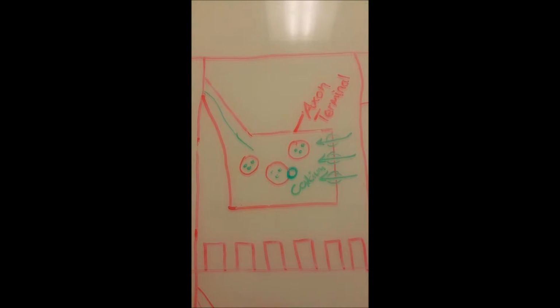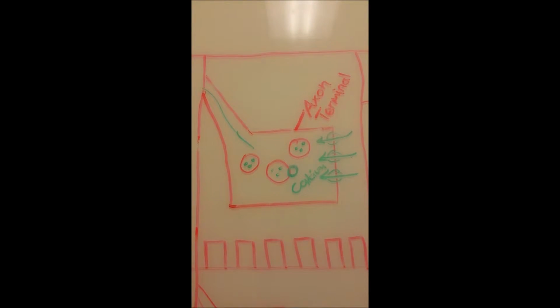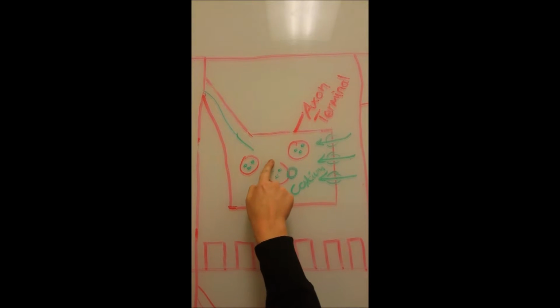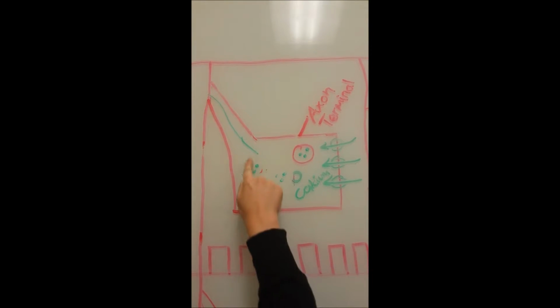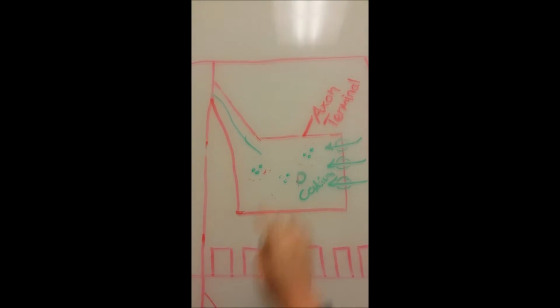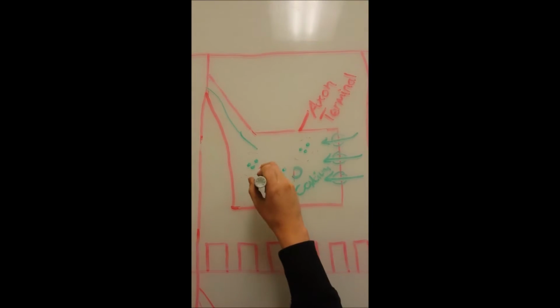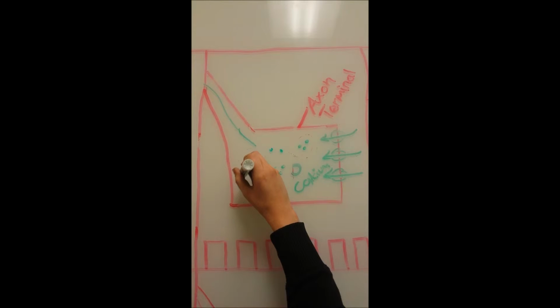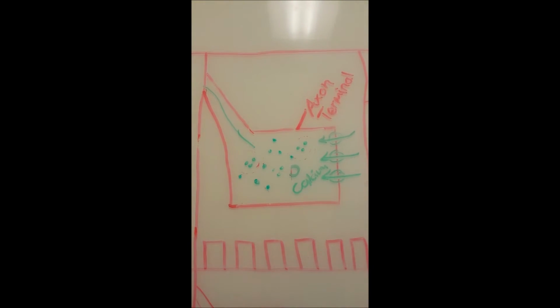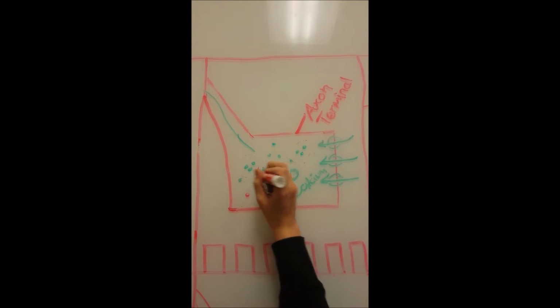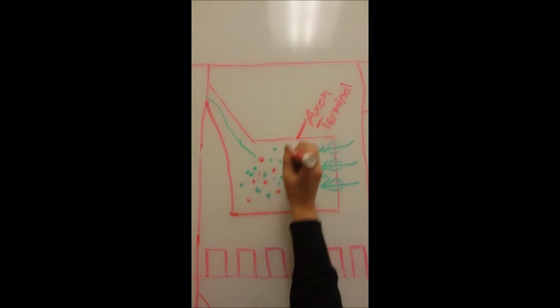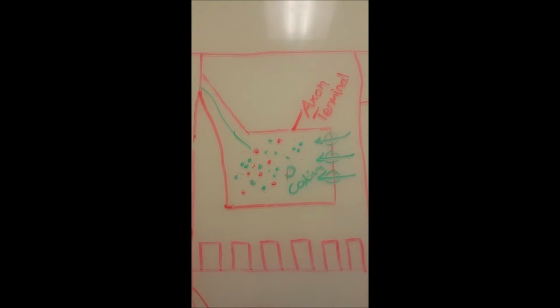And when they bind, it's going to release the acetylcholine that's inside them. And then you're just going to have a bunch of acetylcholine roaming around in here, along with some calcium ions inside the axon terminal.